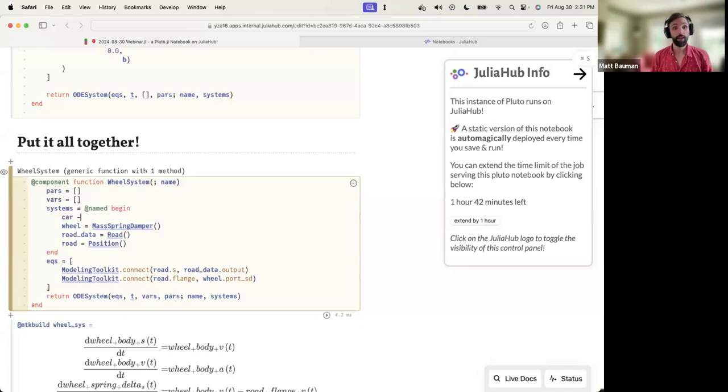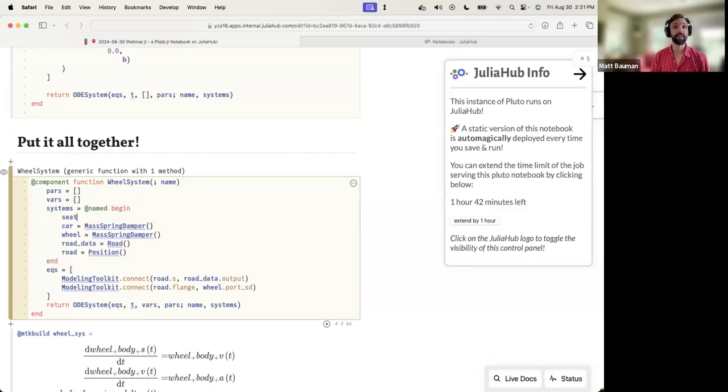You could have the representation of the wheel as a thing, the car mass spring damper as another mass spring damper, and the seat of the driver as another mass spring damper. Each one of these is its own system. Each one I could define parameters for and pass independently. You can set them up, and all you need to do is connect them, right?